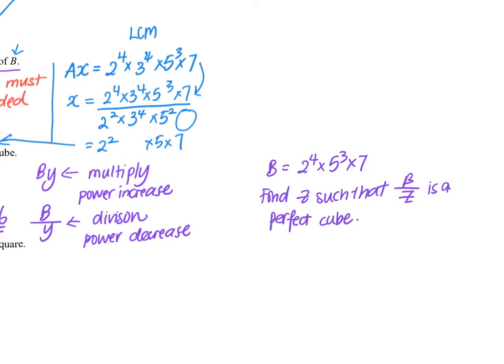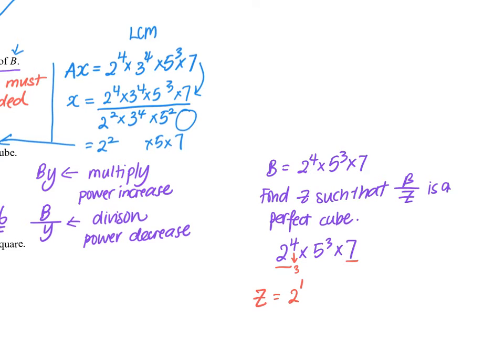Think, try. Okay, so now, division, we are going to decrease the power. So this is originally 2 to the power of 4, 5 cube and 7. I'm going to decrease. So this is not a perfect cube. I'm going to decrease this to become 2 to the power of 3. So I decrease by 2 to the power of 1.